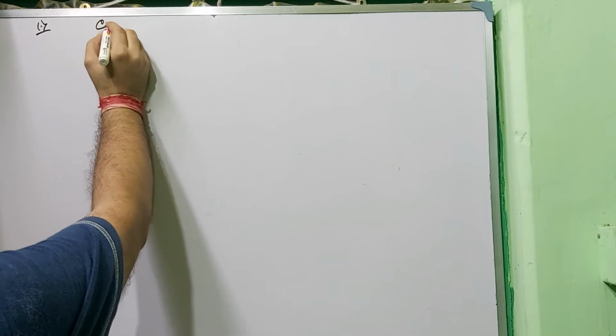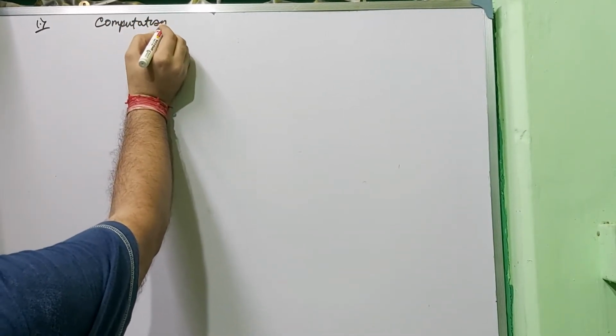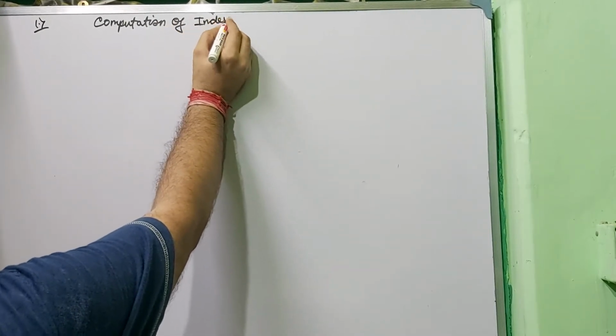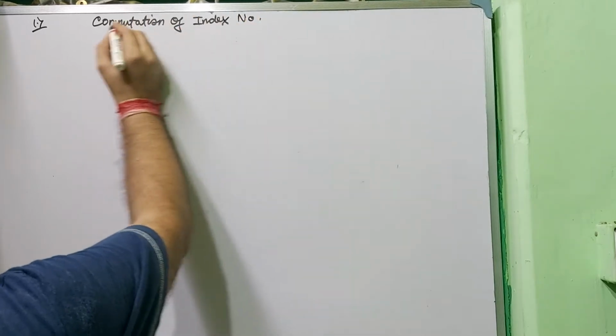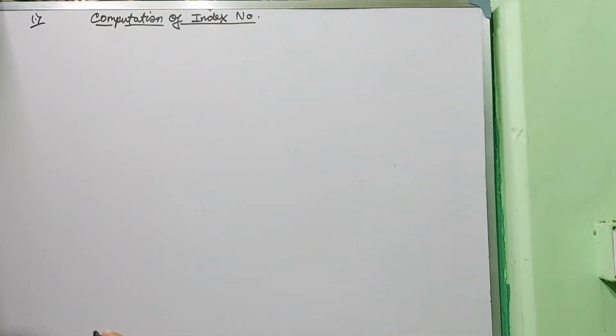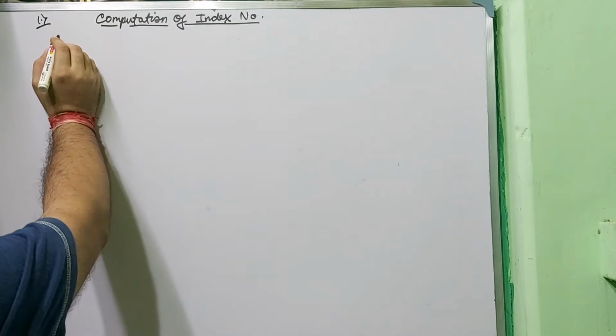So computation of index number, right? You have to read clearly. First is the items.